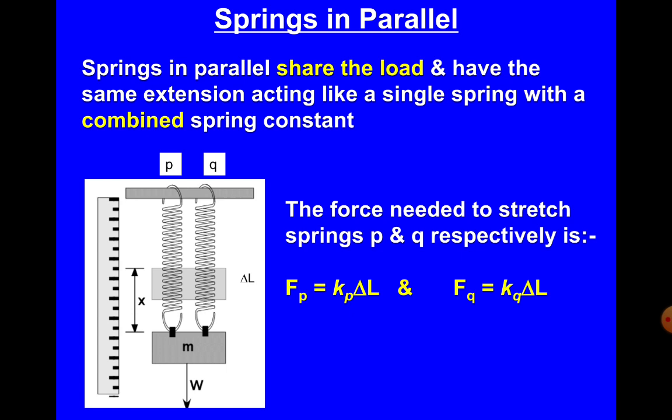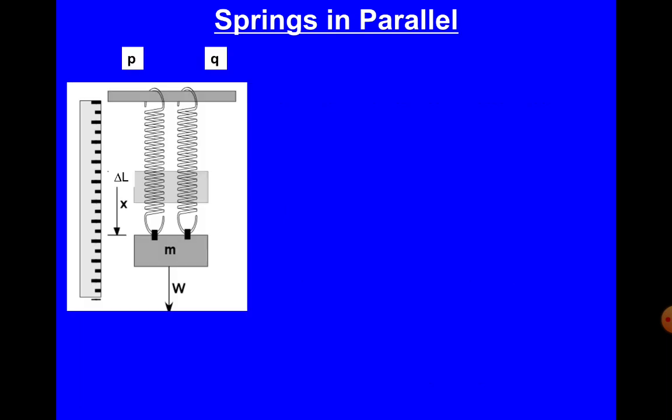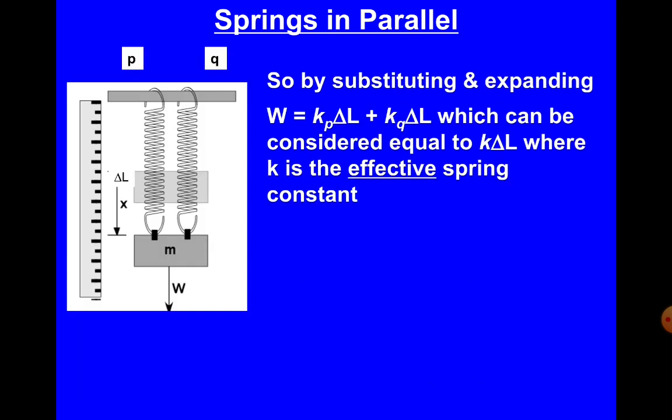Don't have to look too much at the formulas, but we can say that the weight is supported by two springs, Fp and Fq, and we find a different spring constant. You can use the formulas, but it's very easy to reason.